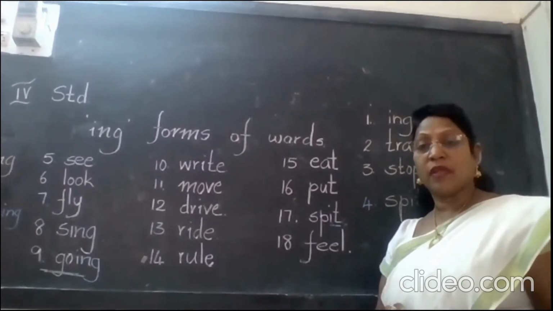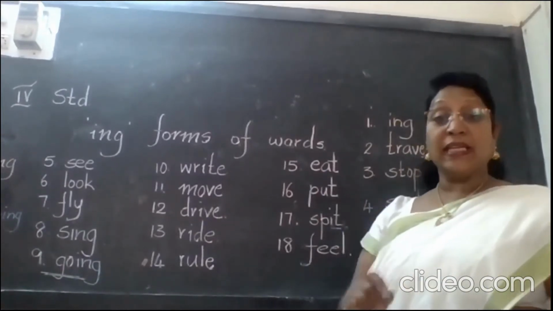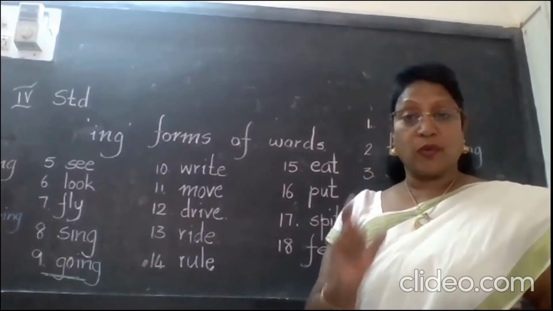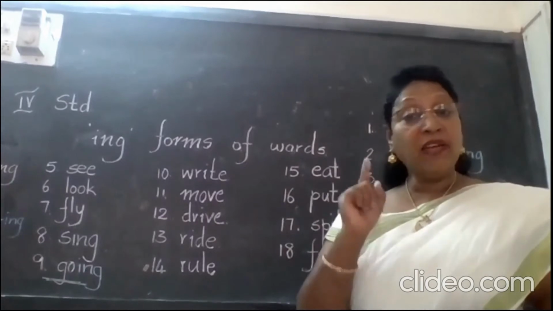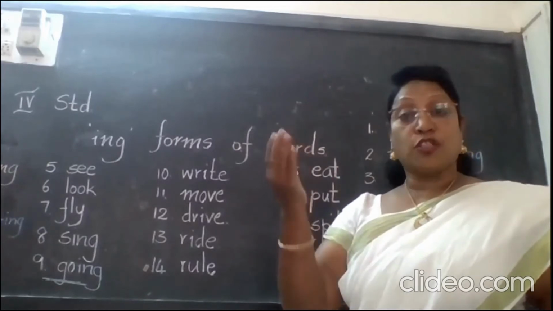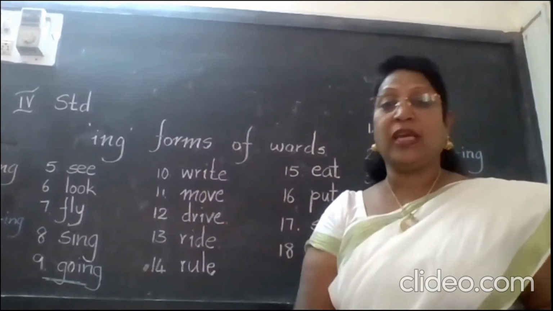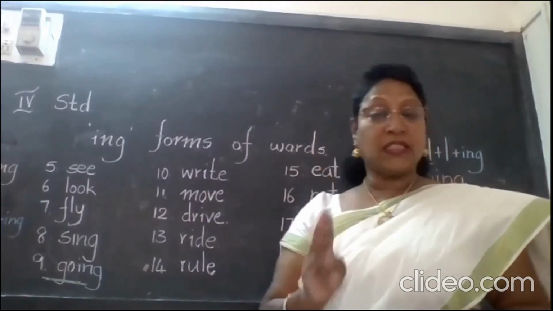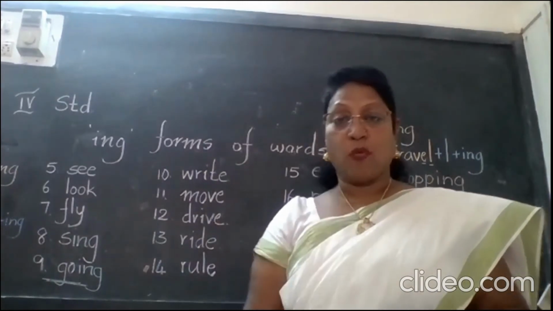Third rule says, if you see a word and if the word is ending with E, okay, watch the word, look at the word carefully, see the last letter of the word, and if the last letter is ending with E, drop down E or subtract E or minus E or remove E, correct? And add ing. Now 3 steps. First step is adding ing for some words. Okay, that's rule number 1.